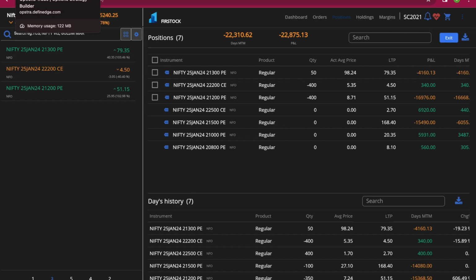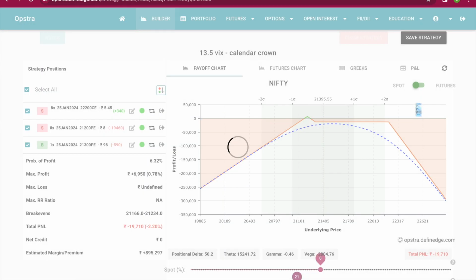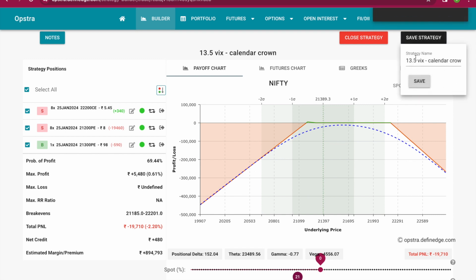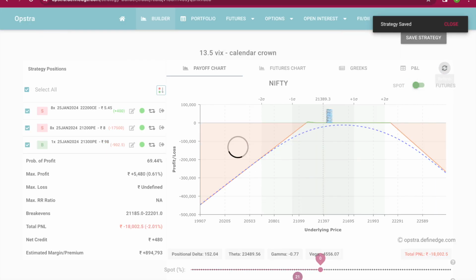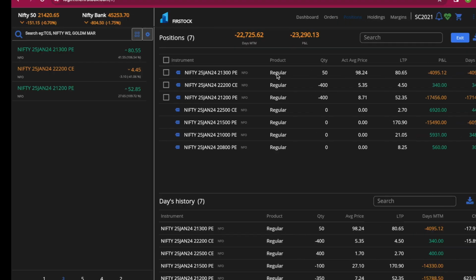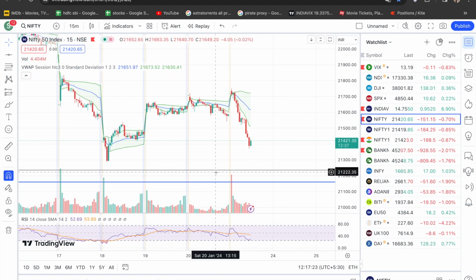Here if we look at the strategy, here it is the 98. Sorry, I'll have to edit this very hard, and I save this strategy. So the market goes up, I'll just book the loss today and leave this, because we have already done very drastic adjustments. That's it for now.